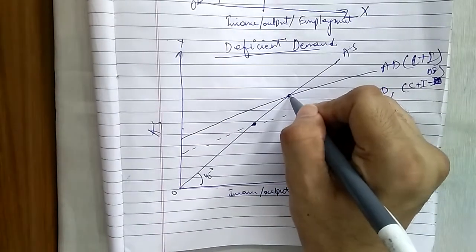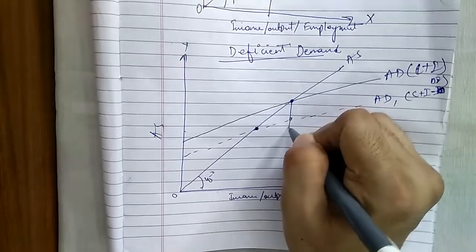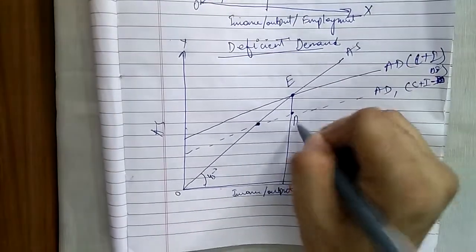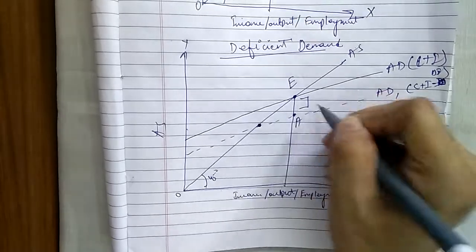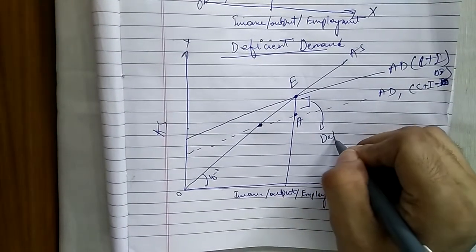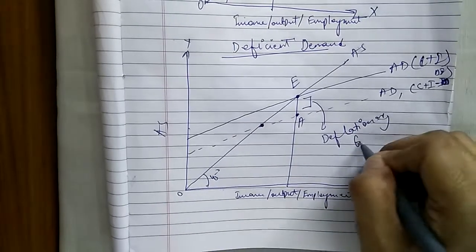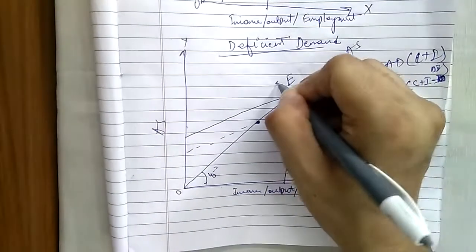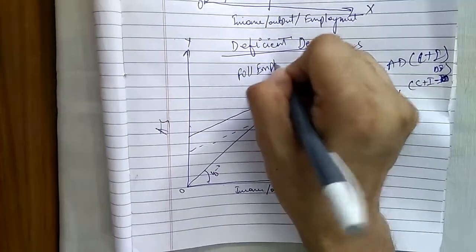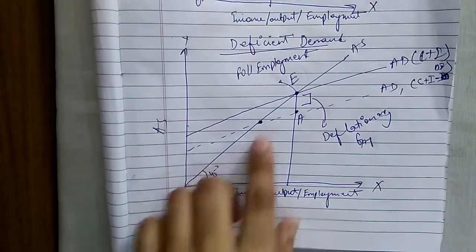We mark this point. This point was the equilibrium. Mark this as A, and this is known as the deflationary gap, and this is known as full employment.